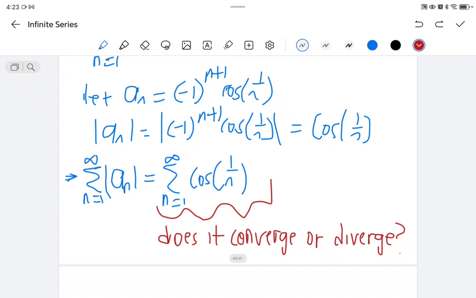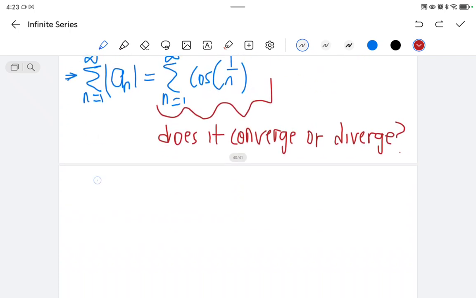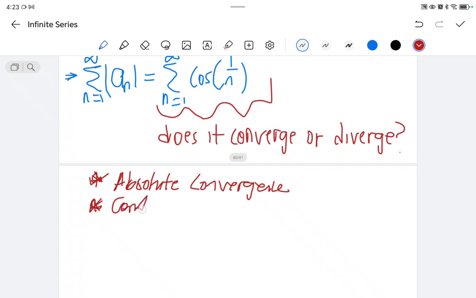Without any waste of time. The conditional. So let me write here: absolute convergence, conditional convergence.